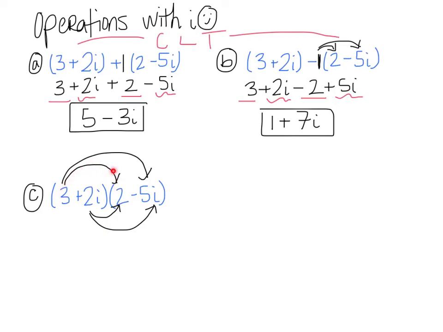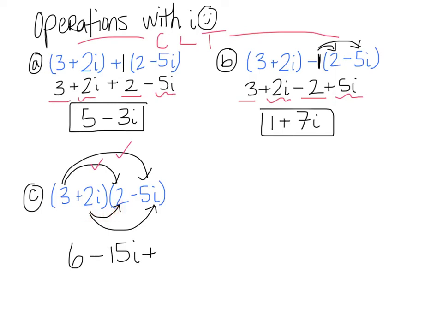Okay, let's start with our first one. 3 times 2 will give me 6. 3 times 5i will give me 15i, but it's a negative 5i, so it will be a negative 15i. Okay, still with me? So we just completed these two distributions. Next, I'll have 2i times 2.